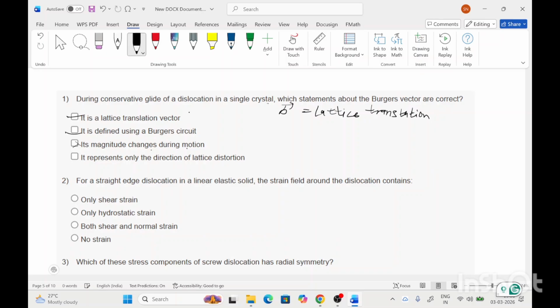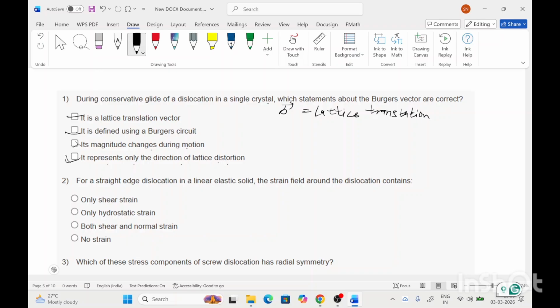First and second option is correct. And fourth is it represents only the direction of lattice distortion. Yes, so third option is also correct. Means the step created after the glide.